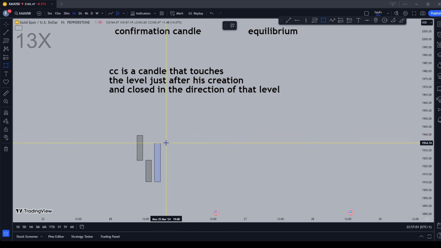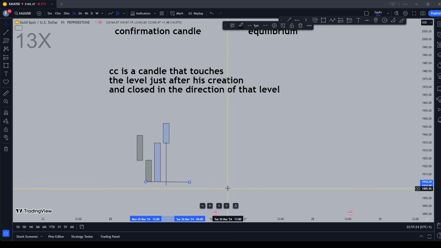The second candle after the creation of that level should come down, touch the level, and continue its direction.